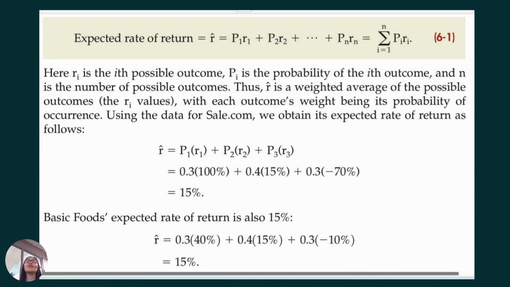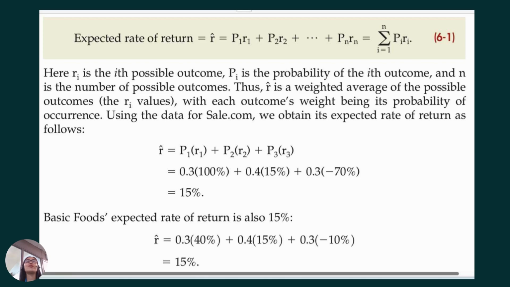Okay, now the expected rate of return calculation can also be expressed as an equation that does the same thing as the payoff matrix in Table 6-2. Sale.com, this is the solution. R hat equals 0.3 times 1.0 plus 0.4 times 0.15 plus 0.3 times -0.7.